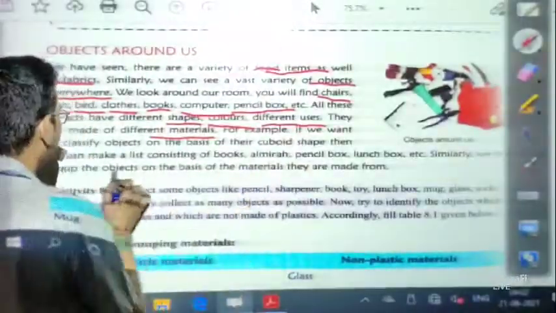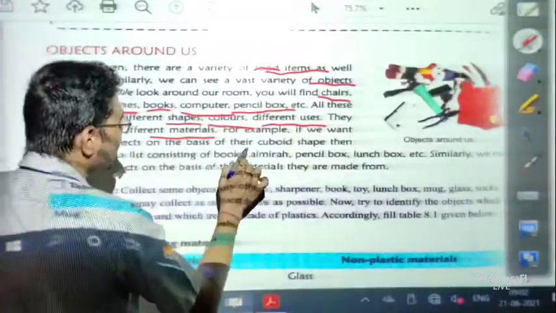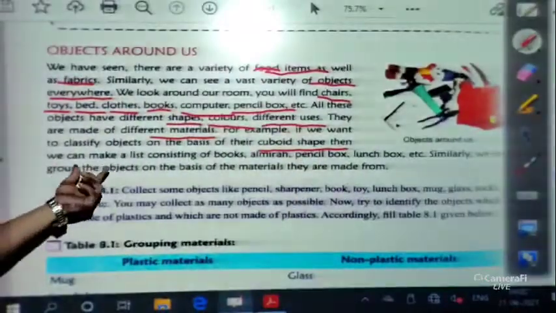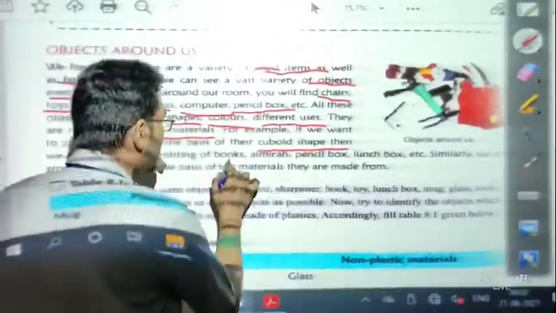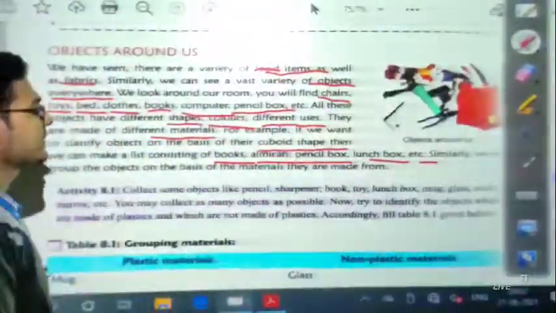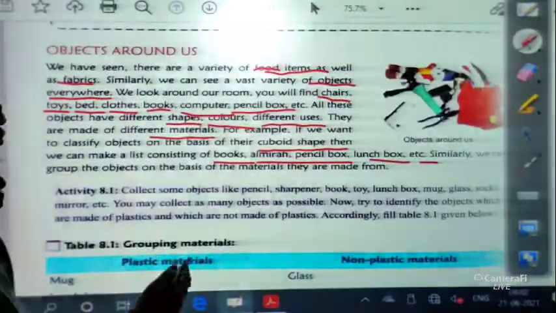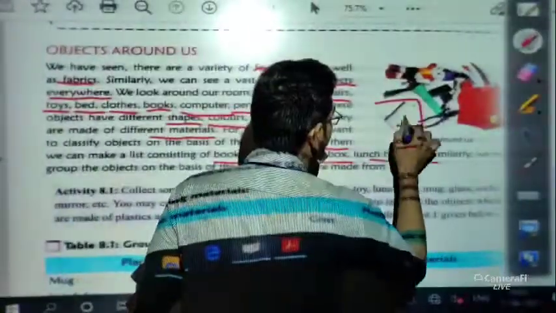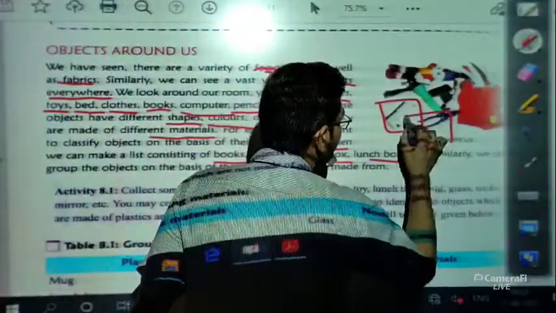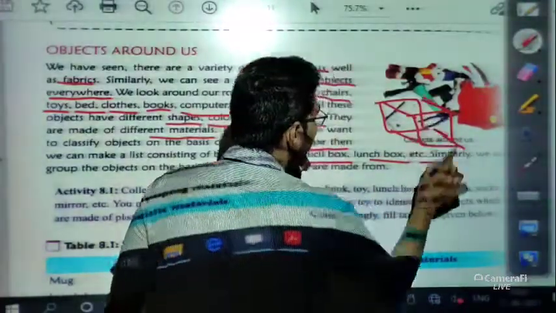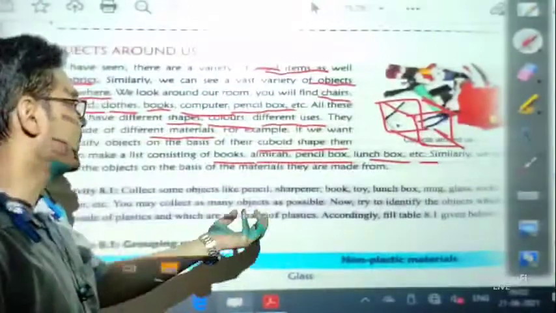For example, if we want to classify objects on the basis of their cuboid shape, then we can make a list consisting of books, almirah, pencil box, lunch box, etc. Cuboidal shape means a cube-type shape. In mathematics class you have read about the cube.